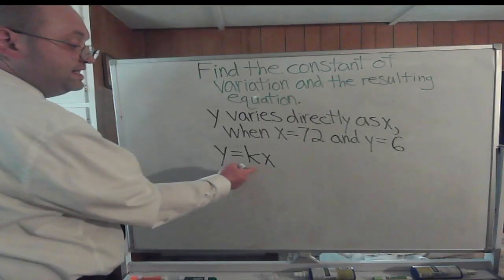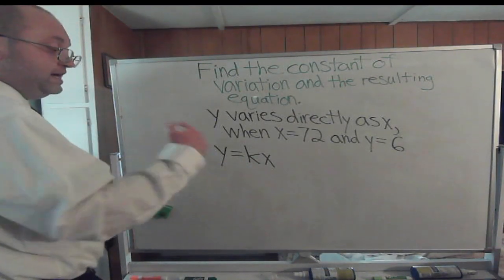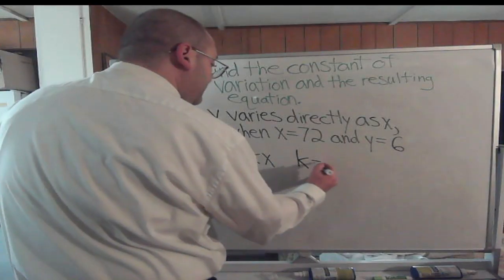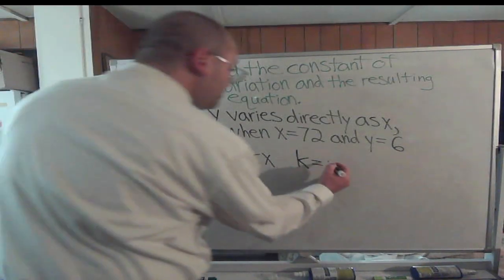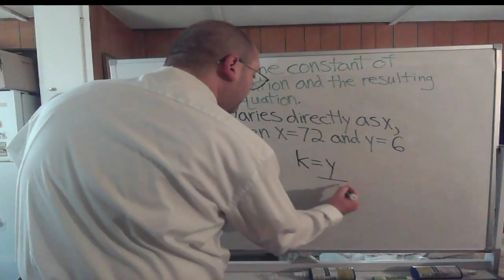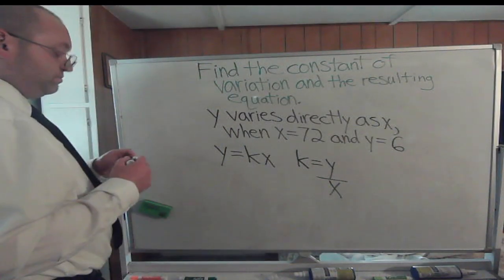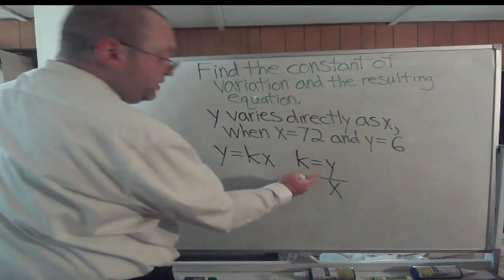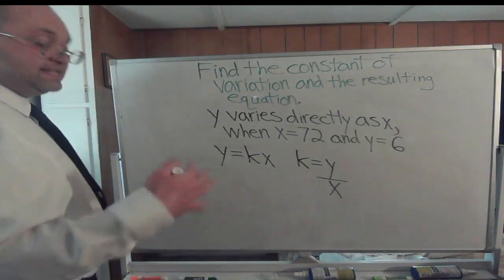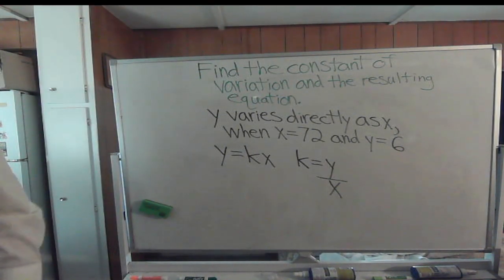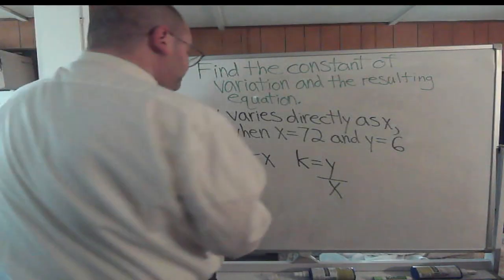Again, we want to isolate that k by itself, right? So we got to divide by x. So if we do that, you get that k by itself, the constant of variation, you end up getting y over x. So now we've established the equation for the constant of variation.